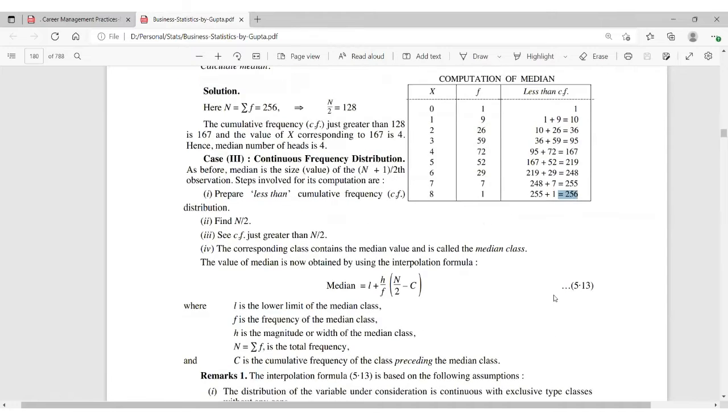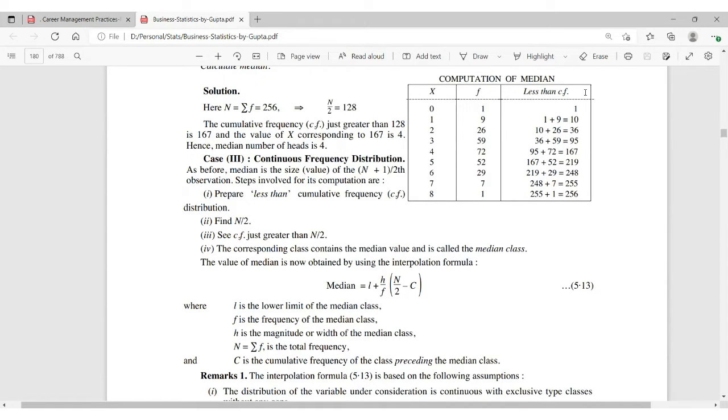Now 256 divided by 2, n by 2, is 128. Is that clear?